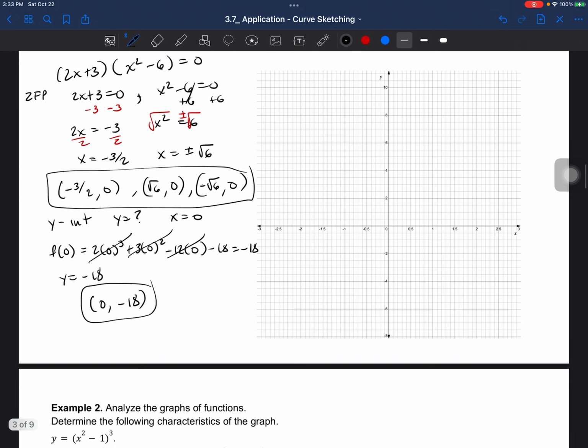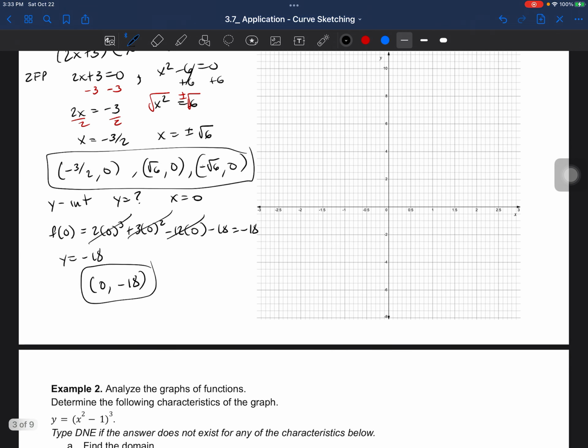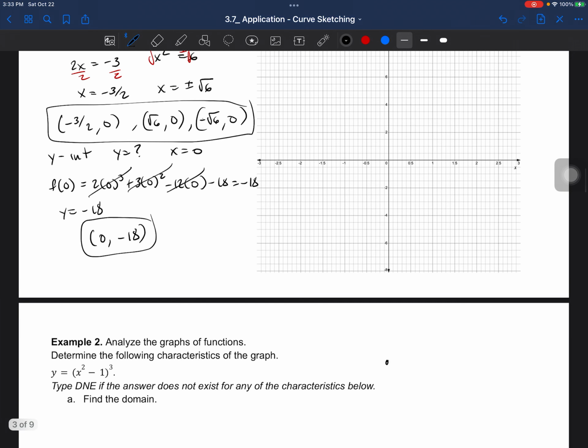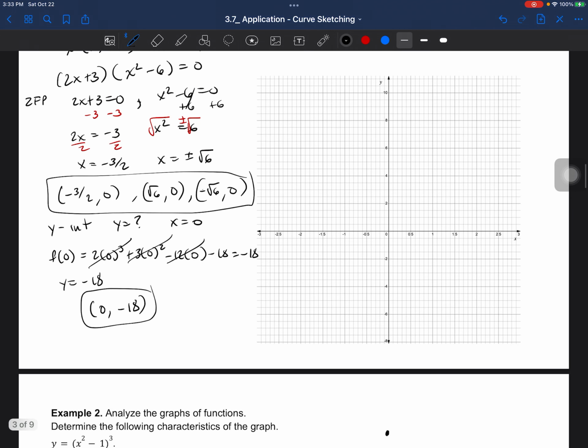What we're going to do here is we're going to actually find where that happens. So negative 18 is beyond this scale. So that might be somewhere down here. And then we have negative 3 halves is 0. Negative 3 halves, that's negative 1.5. So that's 0 right there. And then we have these square roots. The square root of 6, by using the calculator, is roughly around 2.44.